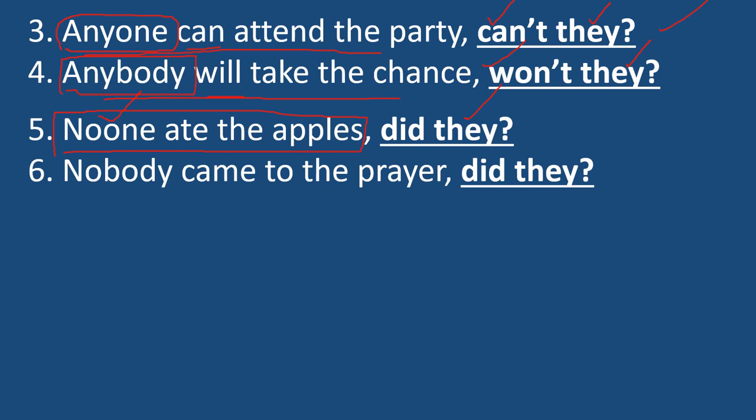So only we should write did they because ate, there is no any auxiliary, there is only main verb, that is ate. Ate is in the second form. When there is a second form, that is called simple past. When the simple past is there, we should write the auxiliary verb did here. You don't write didn't because no one is there, that gives the negative sense, so we should write positive question tag.